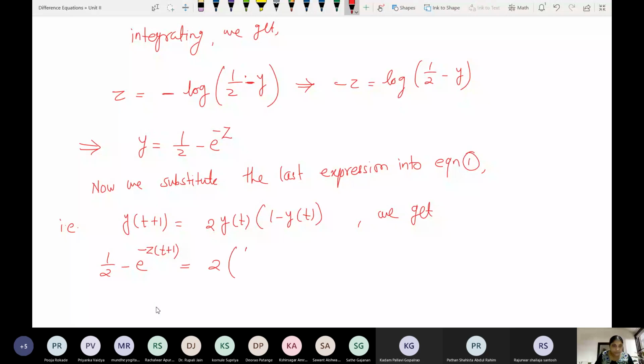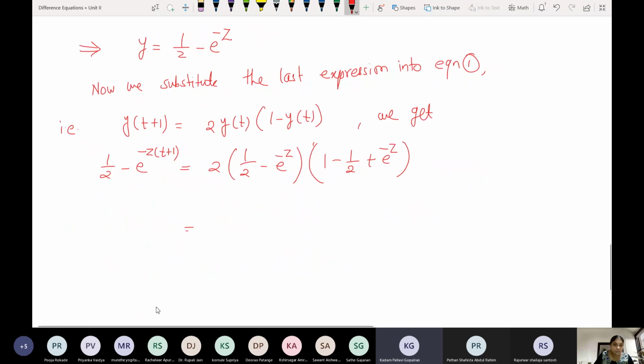Y of t will be 1 by 2 minus e raised to minus z, and what is 1 minus y of t? 1 minus y of t is 1 by 2 plus e raised to minus z. So I can write this as 2 times 1 by 2 minus e raised to minus z, times 1 by 2 plus e raised to minus z. Is that okay? Yes, ma'am.